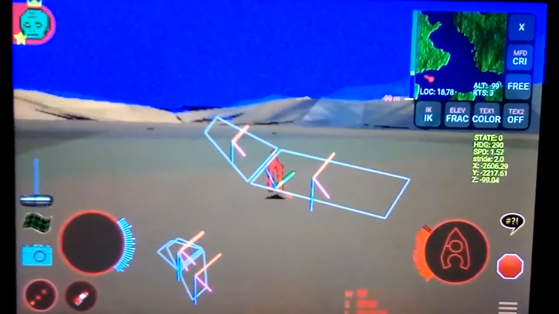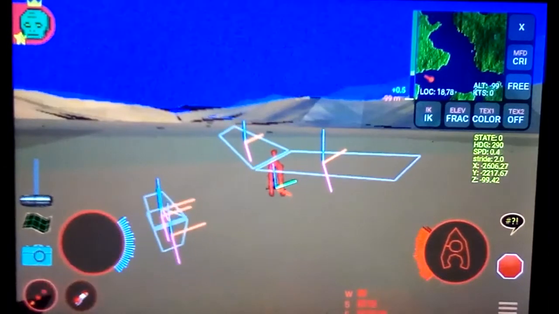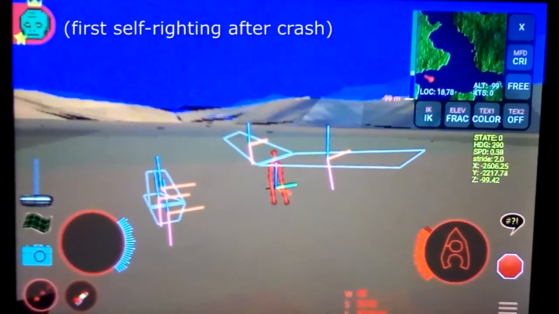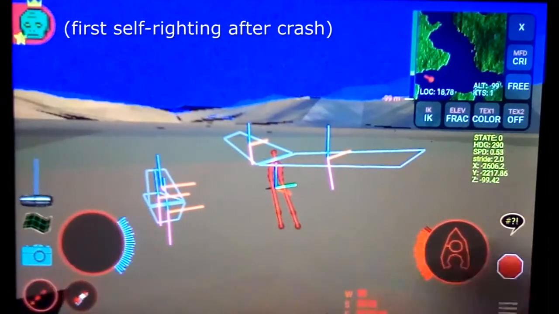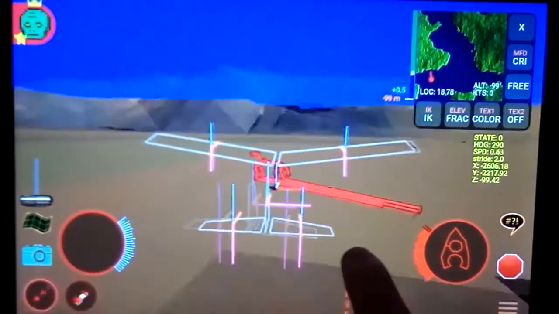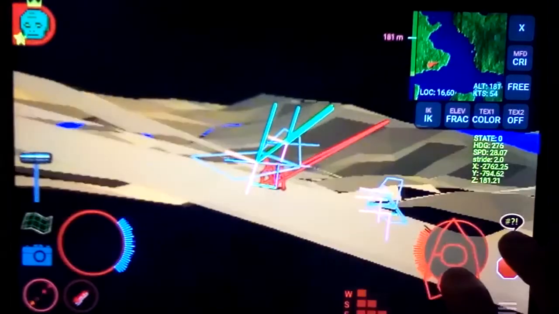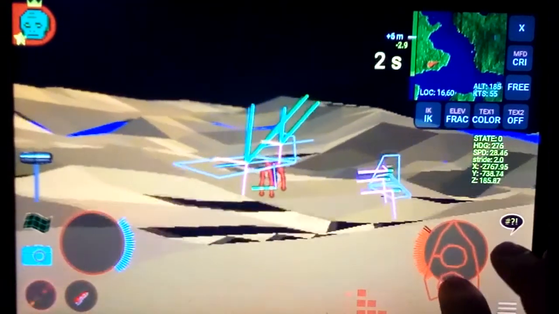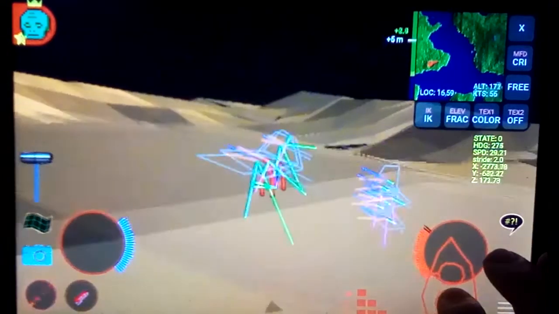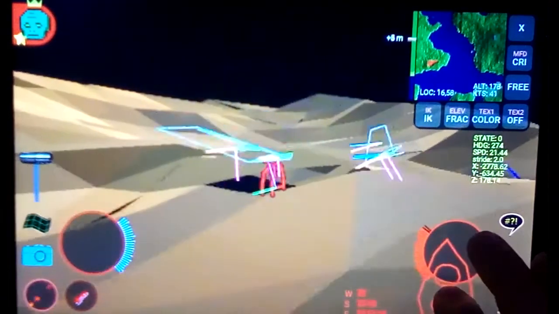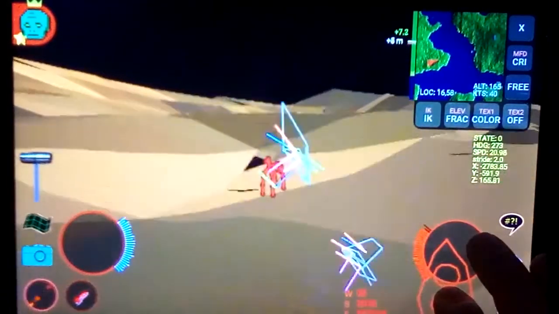But other than that, this is a nice flat region. Okay, so there it has detected that it's done, and it's righting itself. And now it should be relatively level. I'm pulling back on this stick right now. A little more. Oh, look at that. It's actually, okay, it's just super sensitive.